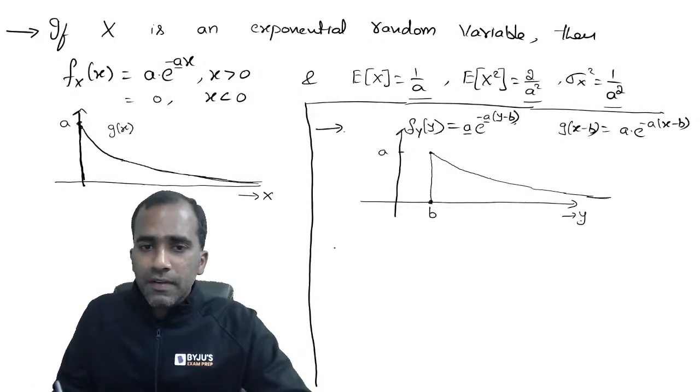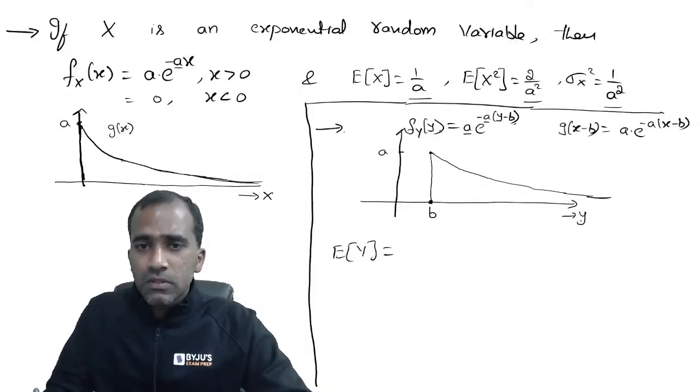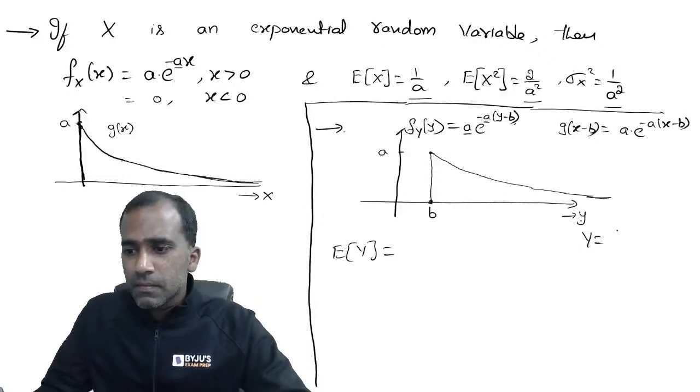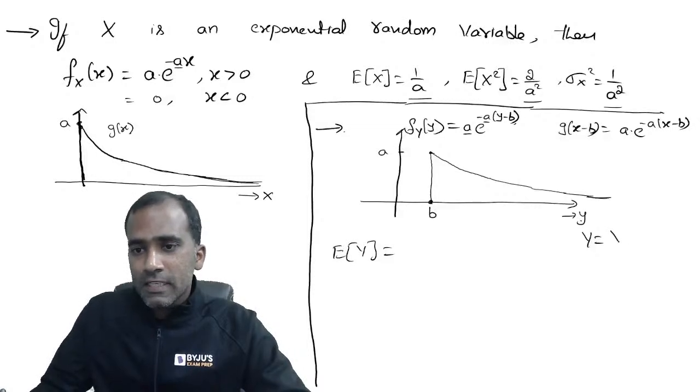Okay, let us find out expectation of y, so let us understand this relation. What is the relation between y and x? If you can understand the relation between y and x, then it will be easy. Y equal to x plus b, can I say that?